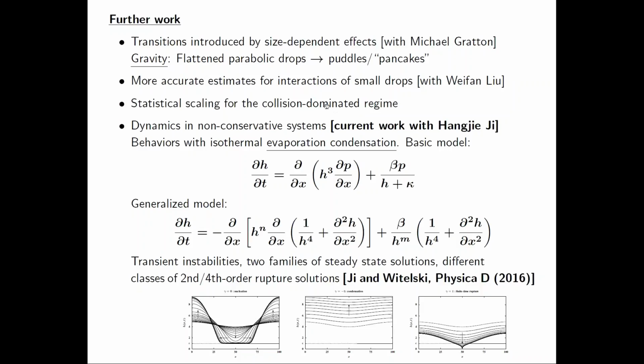Another very non-obvious effect, but very practically oriented, is what happens if you have these dynamics happening over slow, long time scales in non-conservative systems, meaning problems where you have evaporation or condensation. Then you actually lose some of those predictions that Cohn and Otto had, because their predictions were crucially related to conserving mass. If you have evaporation or condensation and you're gaining or losing mass, then some of those predictions don't hold anymore.